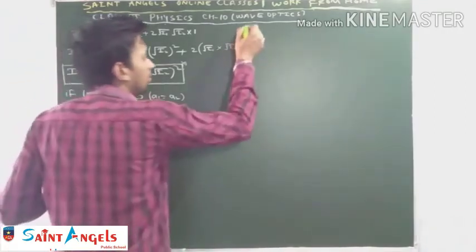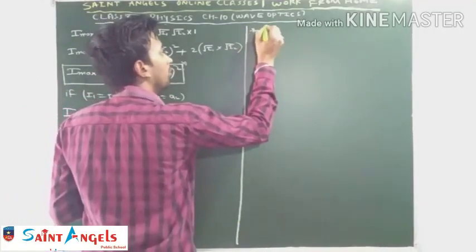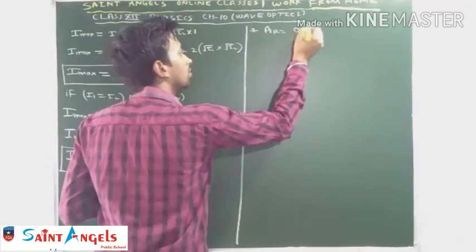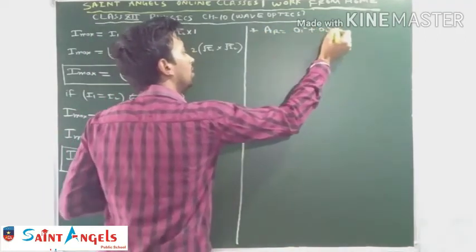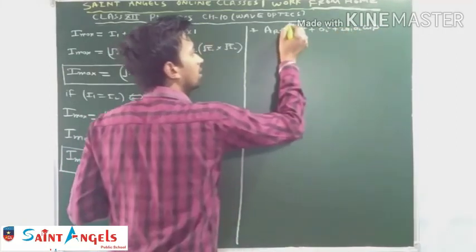Now we have to find the maximum amplitude. So we know that resulting amplitude squared is equal to A1 square plus A2 square plus 2 A1 A2 cos phi.